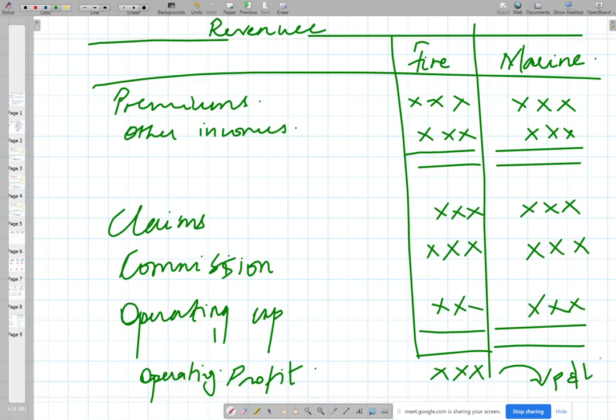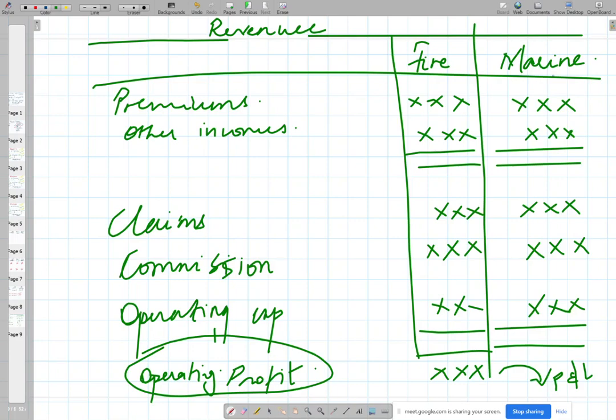We first prepare the revenue account. We find out the profit or operating profit of each of these categories of insurance businesses that we have. We take that operating profit and transfer it to the actual profit and loss account. Is this clear?